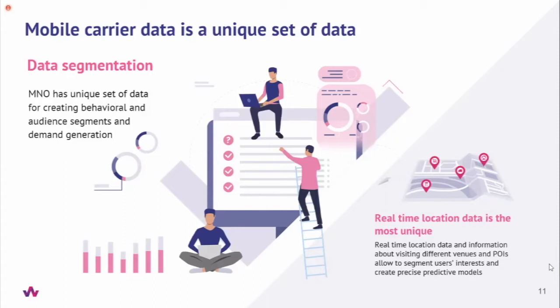So if they have a lot of geodata and do not need any permission to get it, then they can segment their people by interest, by a lot of specific information.